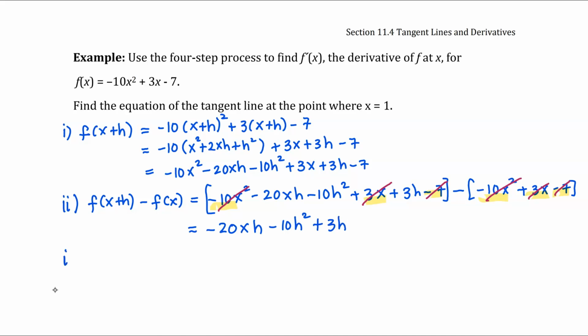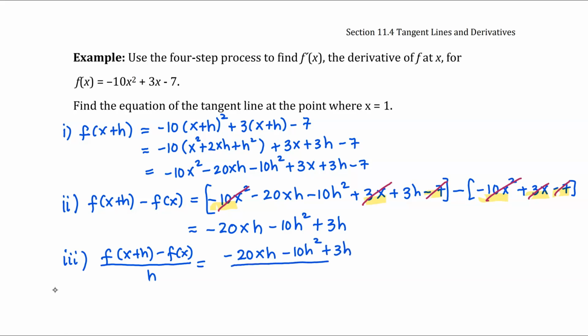Then the third step is to divide the expression by h. f(x + h) - f(x) divided by h. And so you have (-20xh - 10h² + 3h) divided by h.